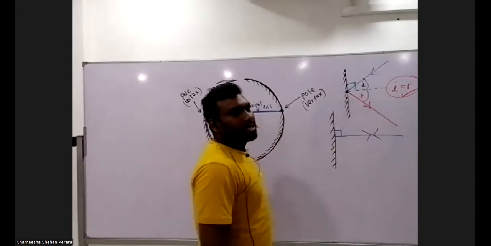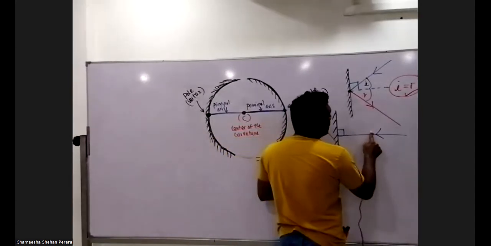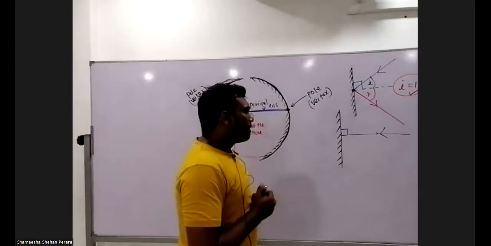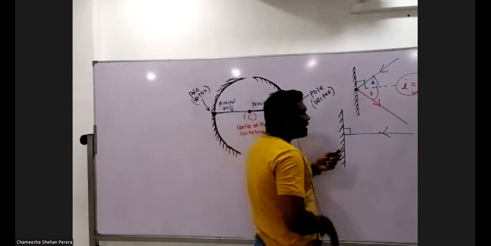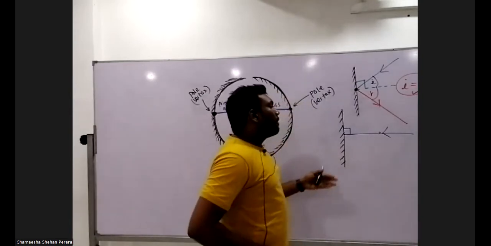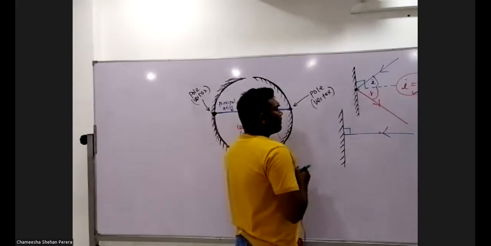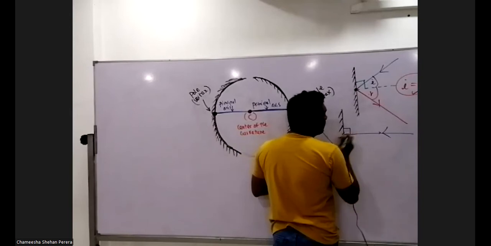Now in this case, when you have the incident ray incident on the mirror surface, first of all you should do the construction for the normal, right? You should construct the normal. How would the normal have to be constructed? It should start from the point of incidence.